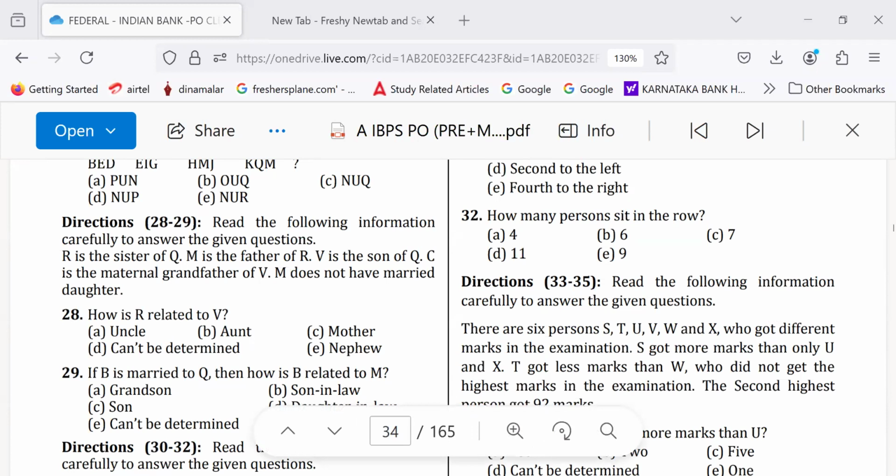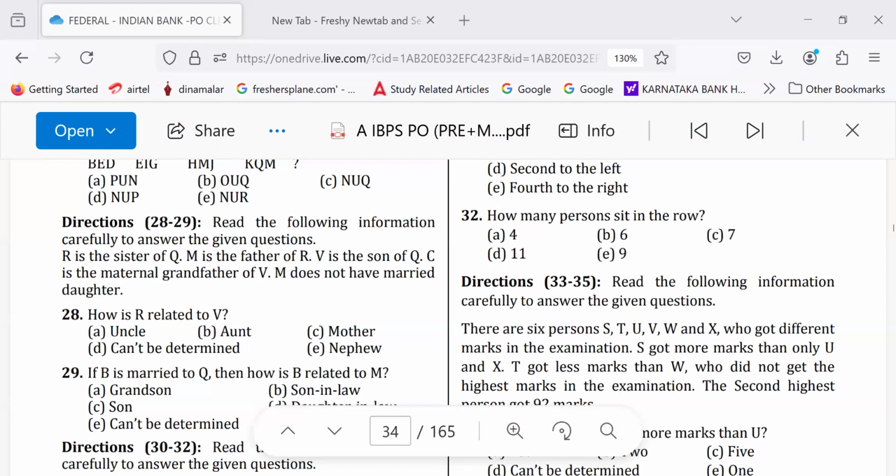Q's son is V. That is not a problem. Then how did you arrive at R? R is a sister of Q. That is also not a problem. And V is son of Q. And who is M?